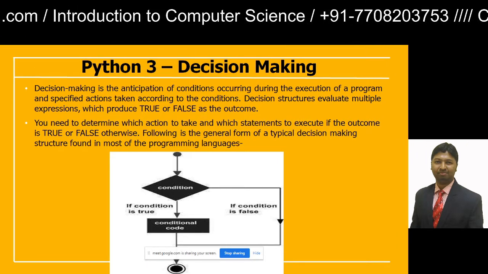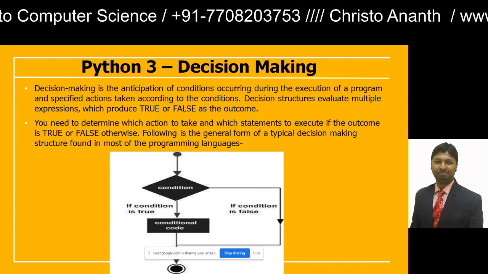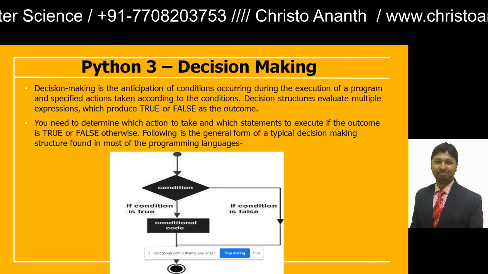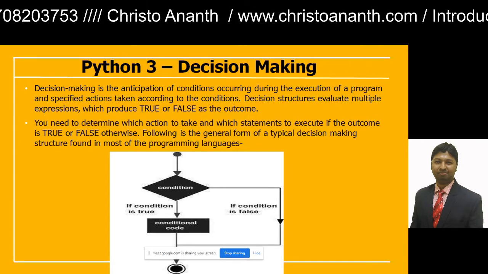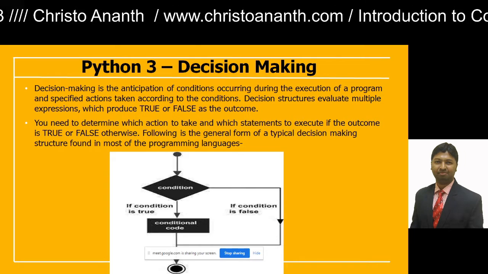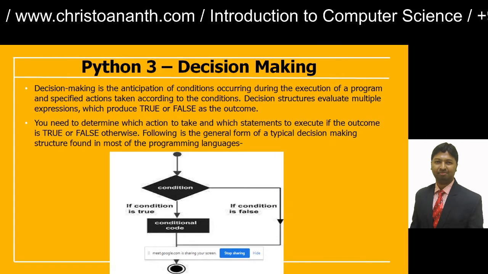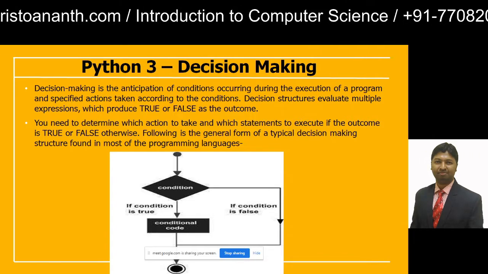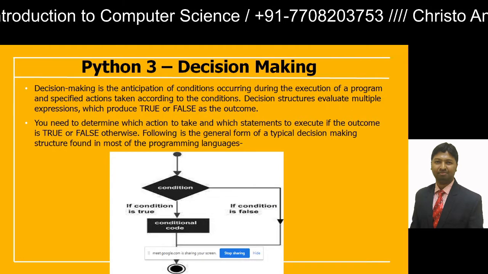So, the probability is either true or false, just like you toss a coin, either it may have head or it may have tail. The same case applies to the expression for which you are trying to make the decision. So, it evaluates multiple expressions and your outcome or result may be true or false.